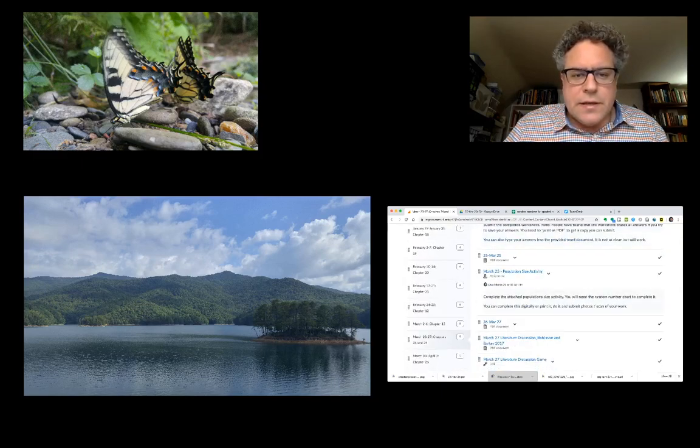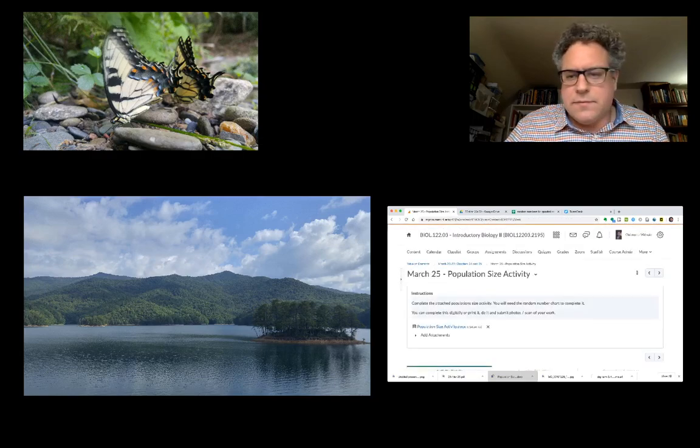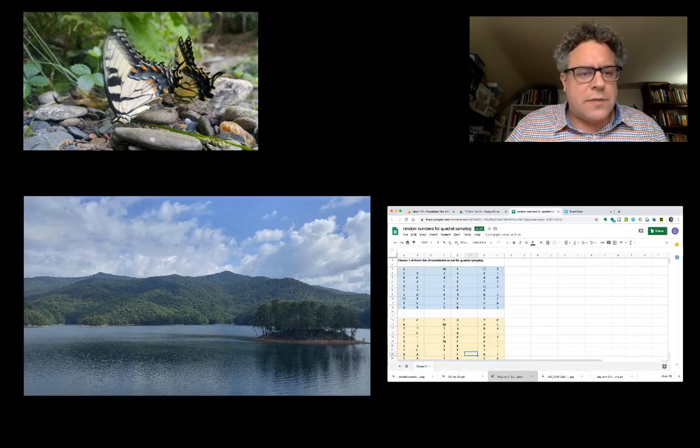You'll notice that I will put in a file that you need to complete this assignment with a random number chart. You just choose one of these sets of numbers, and these are the quadrats that you are going to sample.